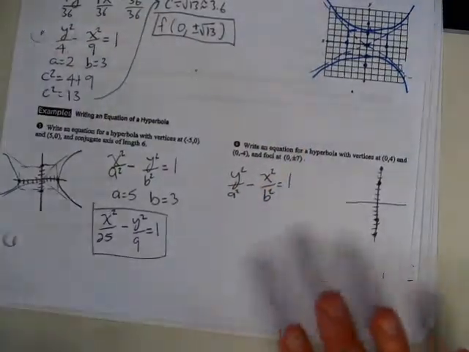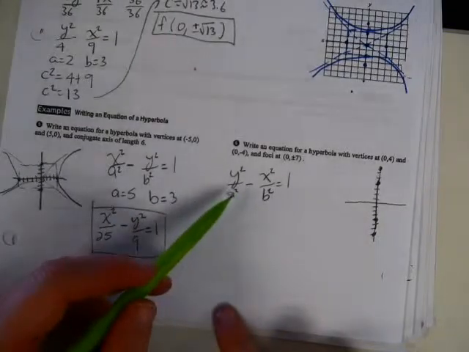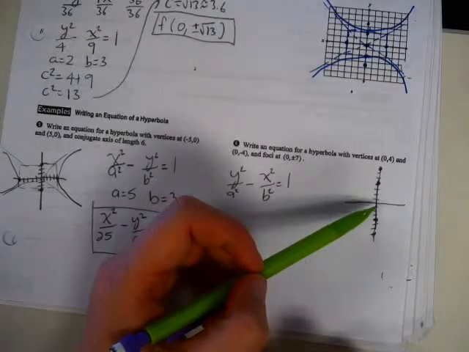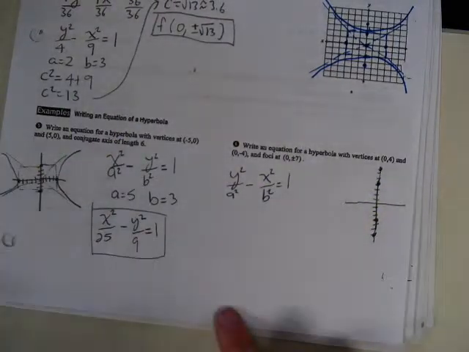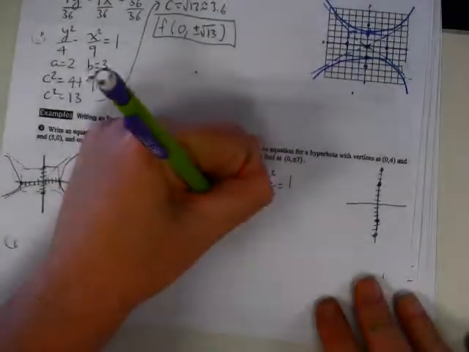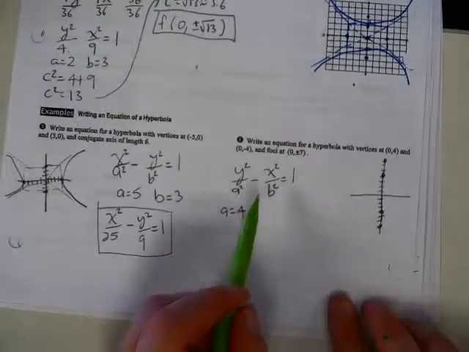So let me see what I have and what I need. A, distance from center to vertex, is going to be 4. I don't know B yet.